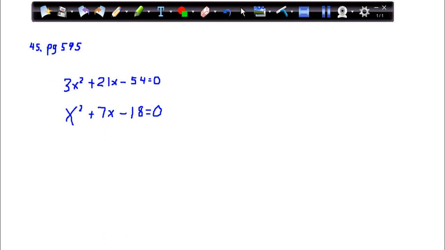So we can now factor the x squared plus 7x minus 18 equals 0. So let's begin. Put our brackets.